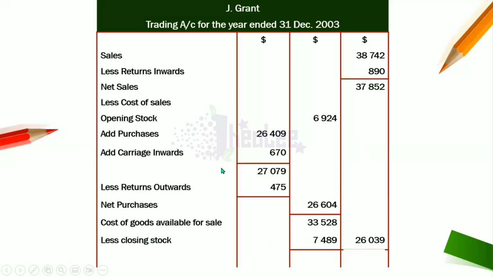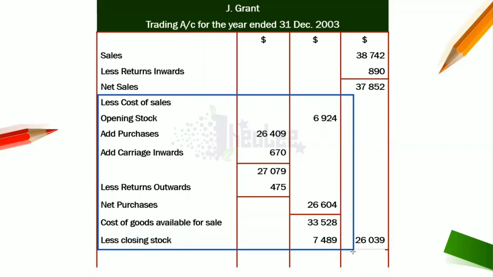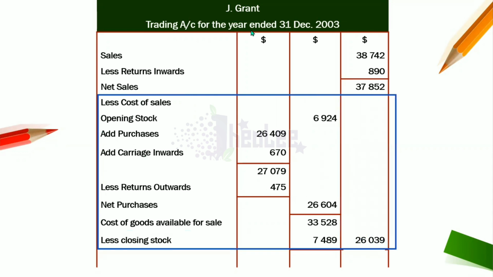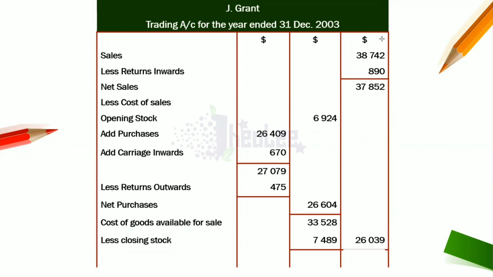So all of this that we were doing right here was for us to calculate our cost of sales. So all of this led to calculating our cost of sales figure. And remember, our cost of sales is $26,039.